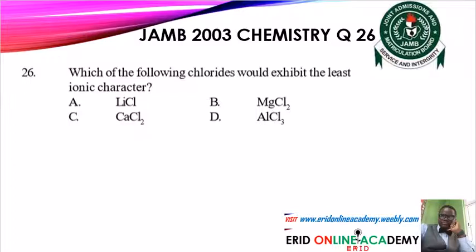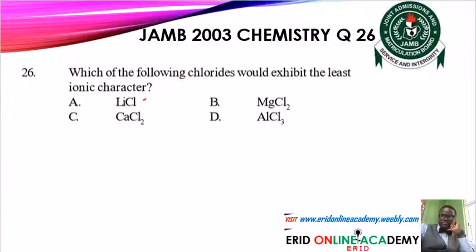So, if you take lithium chloride, the first thing you ask yourself, for all these compounds, is what are the constituent elements in the compound? Lithium chloride contains lithium and chlorine. Of course, you know that lithium is a metal, chlorine is a non-metal.